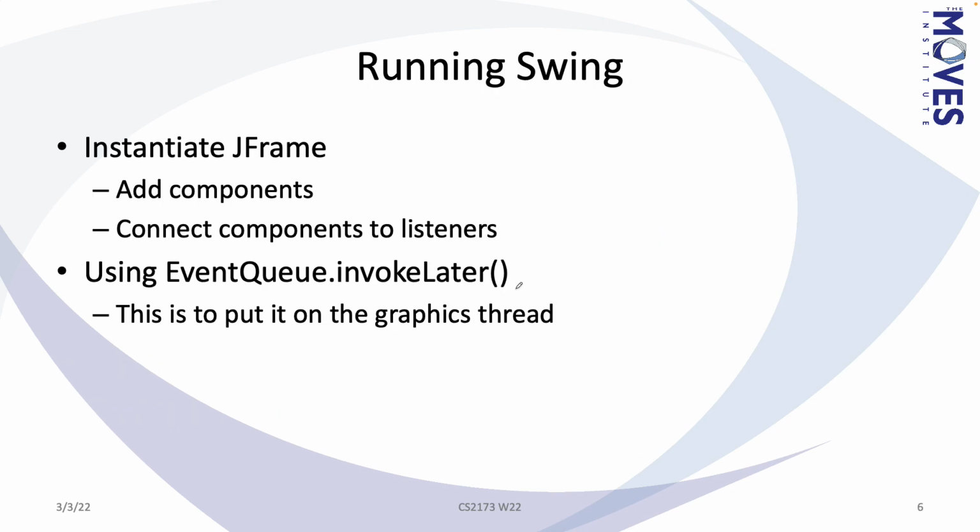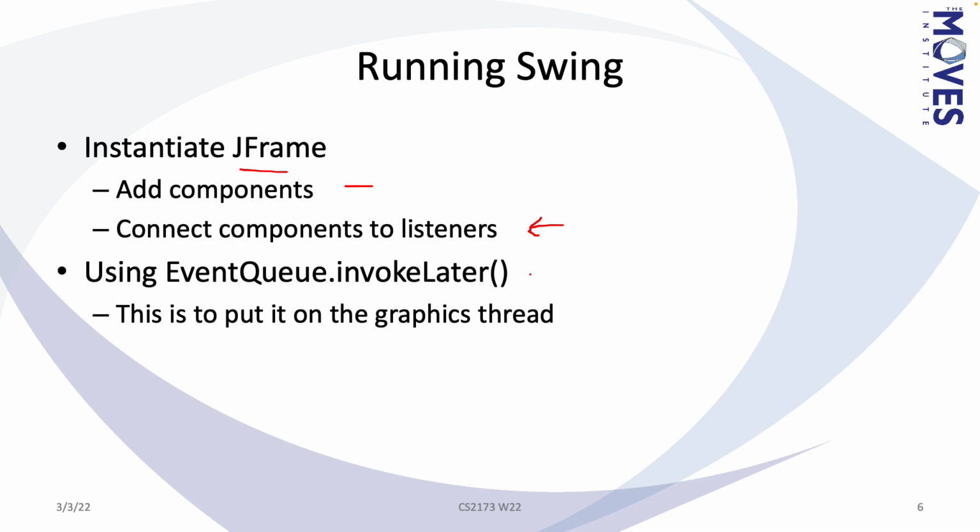And then finally, okay, so how do we run this thing? Well, we instantiate a JFrame, or typically a subclass of the JFrame. That's what we're going to be doing. We add the components. If we want to make it do something, we connect the components to the listeners. We'll see a simple example of that. And here's the thing: for simple examples, we can get away with some shenanigans, as it were.